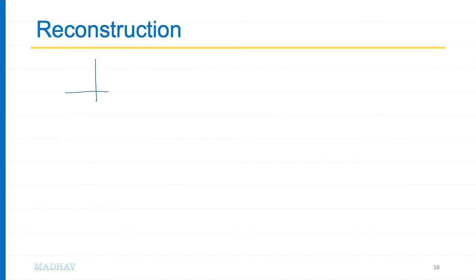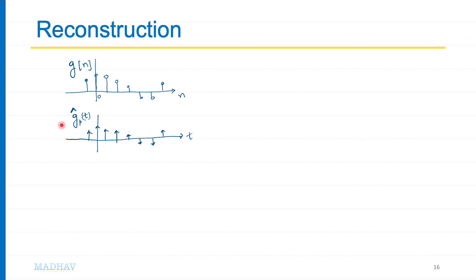So let's see it pictorially. In the time domain, you have g[n]. From g[n], you will obtain an estimate of g_p(t). g_p(t) is the periodic pulse train multiplied with g[n], or you can say your signal modulated pulse train. g_p hat, because this is an estimate of the original modulated pulse train.